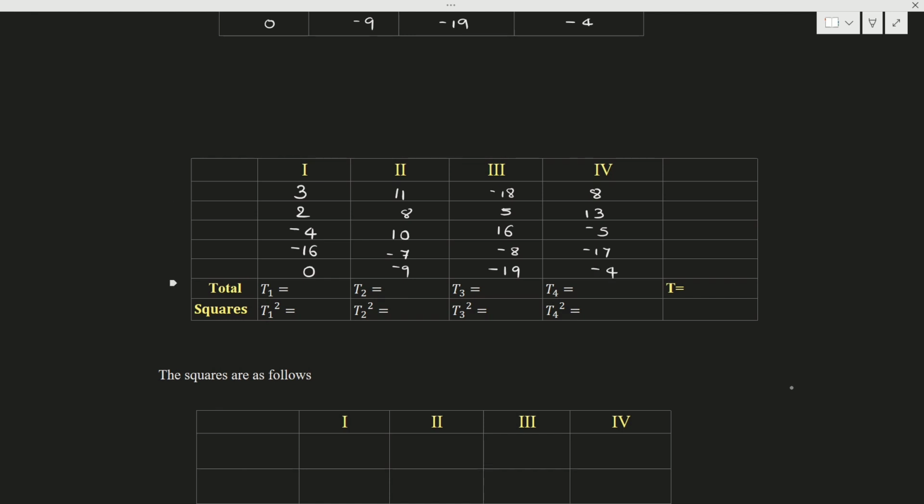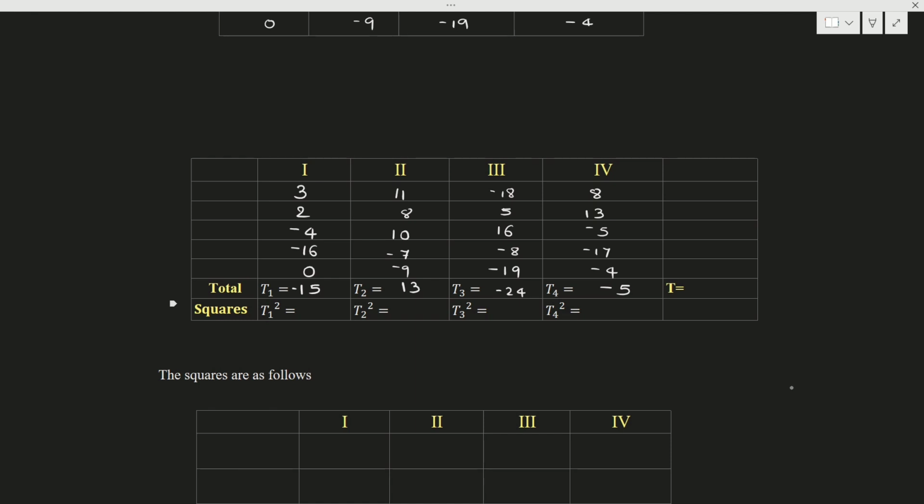Now add them. When you add along the column, T1 is minus 15, T2 is 13, T3 is minus 24, and T4 is minus 5. Then what is the next step? The next step is to square each of T1, T2, T3, T4.